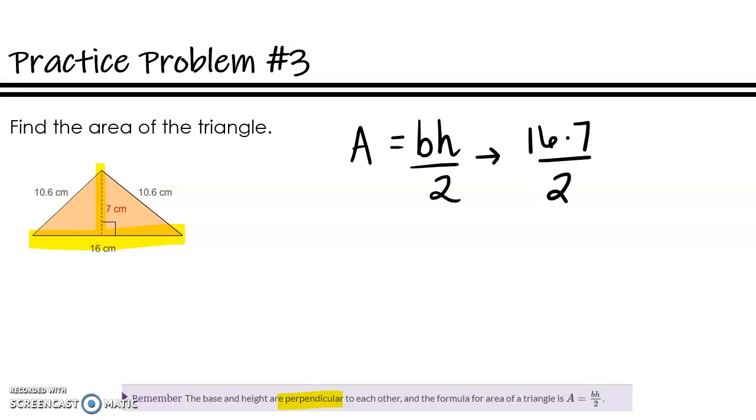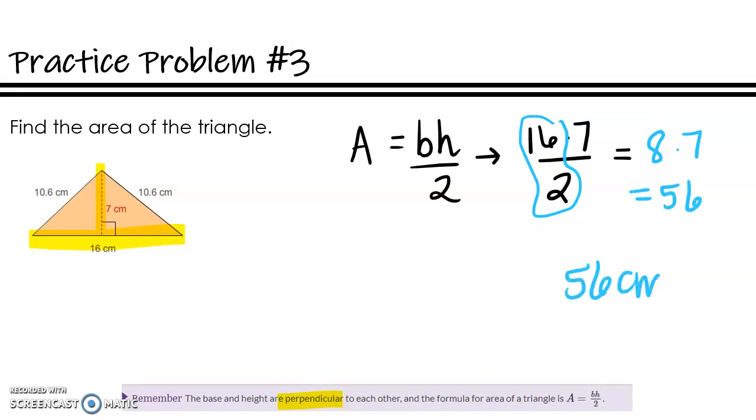And again, most of the time I have been multiplying first, but you can divide if you have two numbers that you can divide in your brain easily. I know that 16 divided by 2 is 8, so I'm done with that, and now I can multiply that by 7, and that I know is 56. So my final answer is 56 centimeters squared.